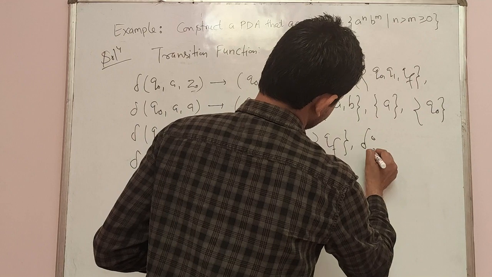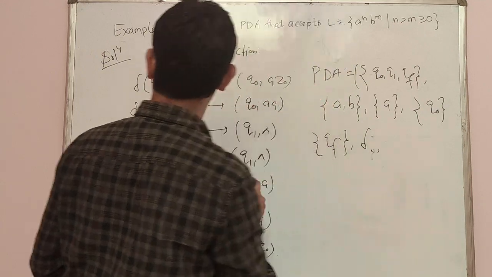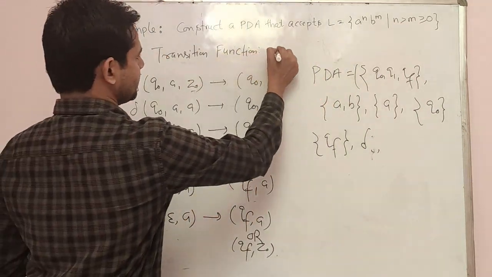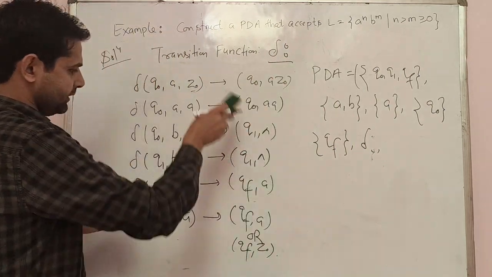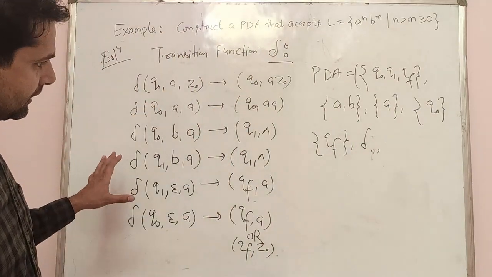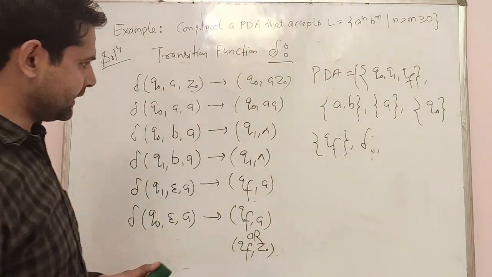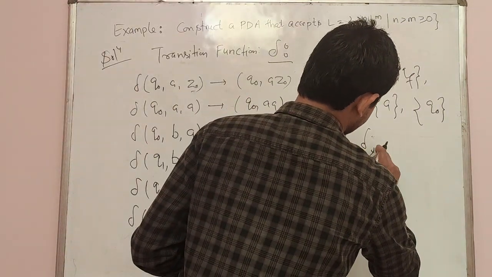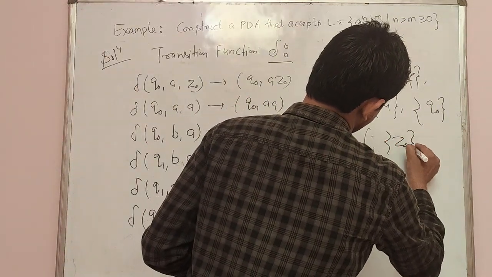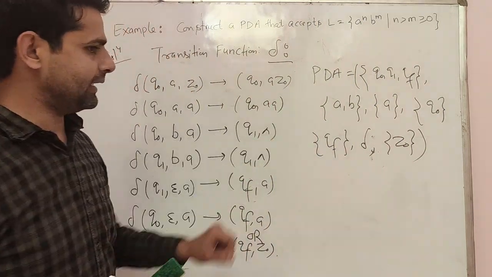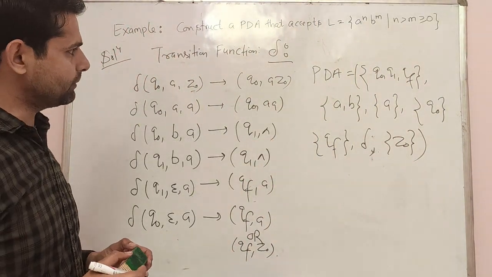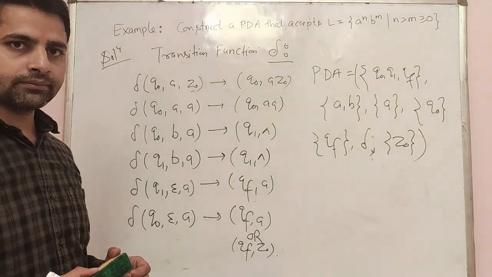Then we will write the transition function, and this whole thing is our transition function. Then we will write Z0, the stack special symbol. So this one is the complete definition of this pushdown automata.